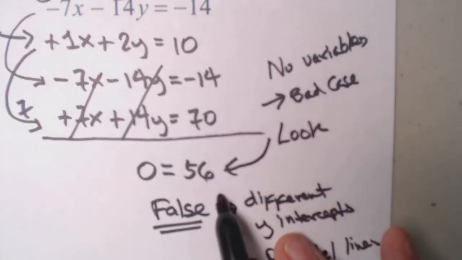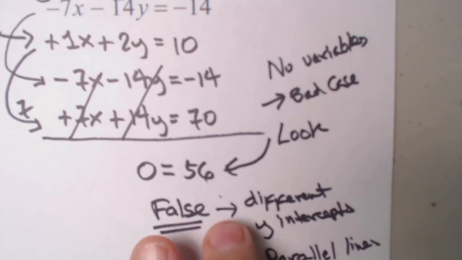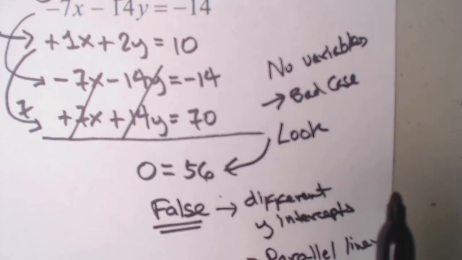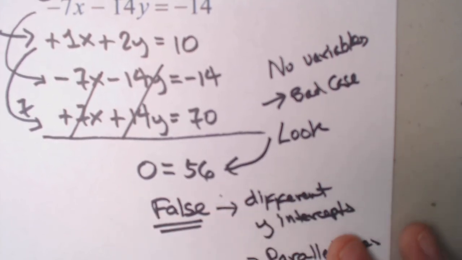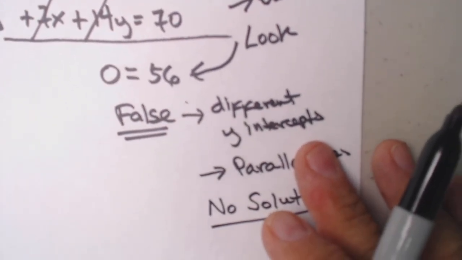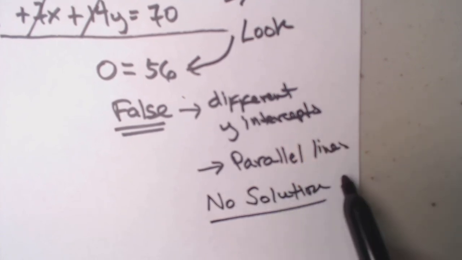You look at what's left. If it's a true statement, the y-intercepts are on top of each other and you've got the on top of each other case, infinite solutions. If it's a false statement like this one right here, then that means you have different y-intercepts. It's the parallel line case, and officially, then you have no solution.